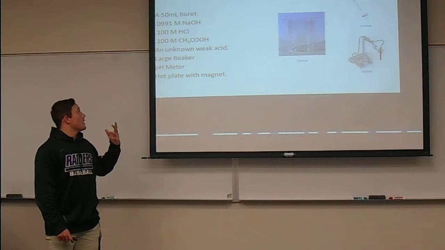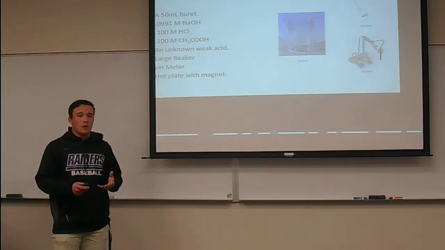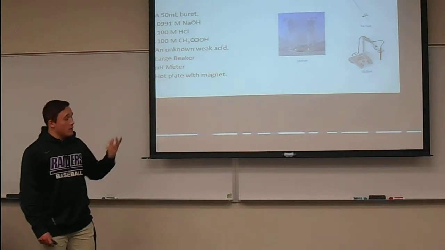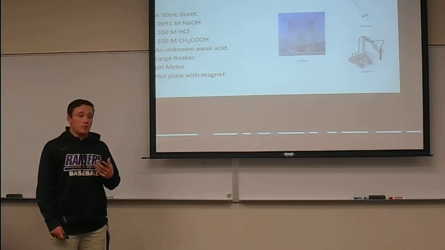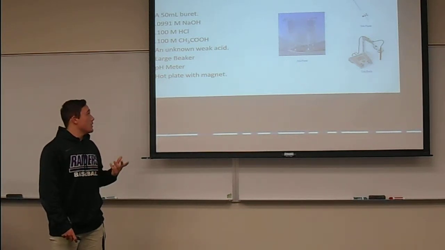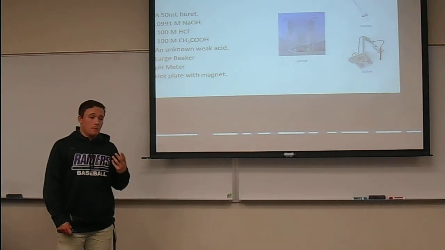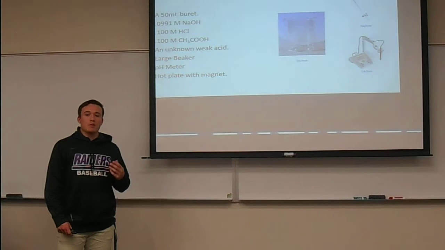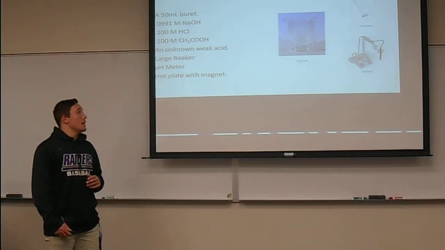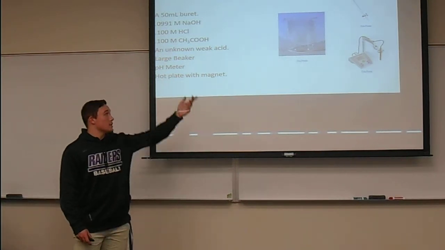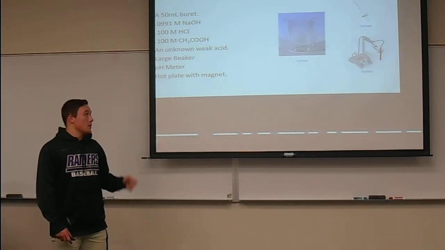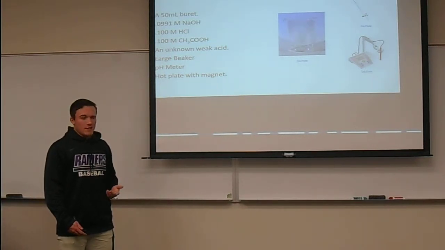Then you need a large beaker, approximately 400 to 600 milliliters, a pH meter to measure the pH with, and a hot plate with magnetic stirring to make the magnet spin inside your beaker. That's what the burette, the beaker, and the pH meter look like, but there are many different pH meters, so yours might not look exactly the same.